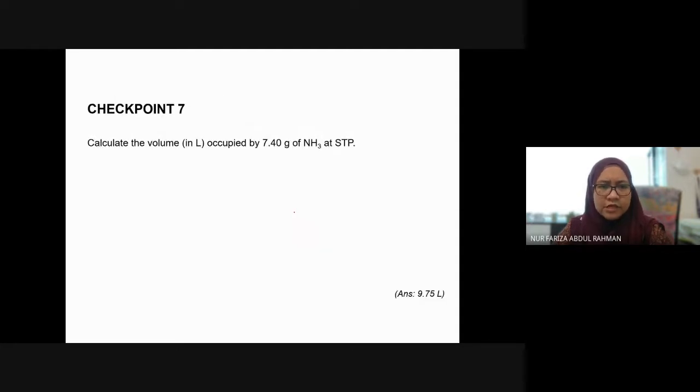Moving on, we have checkpoint 7. Calculate the volume in liter occupied by 7.40 gram of NH3 at STP. At STP, you should know that the temperature is 0 degrees Celsius and the pressure is 1 atm.